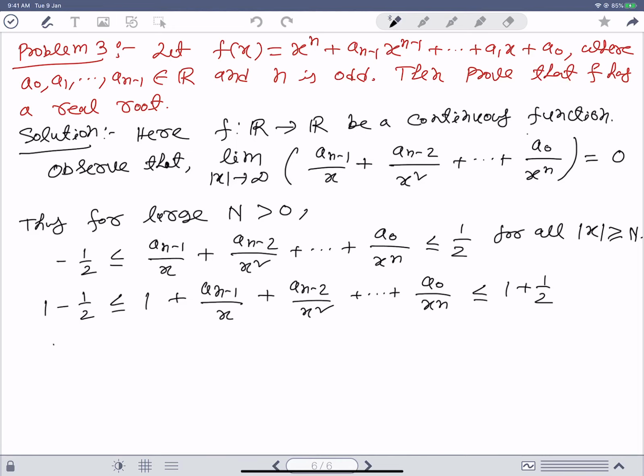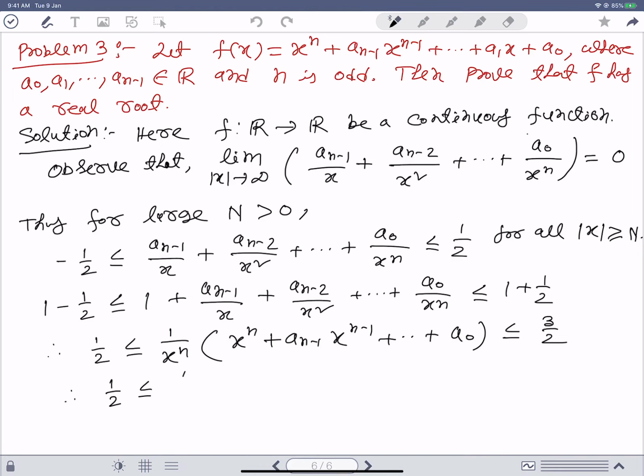Now we can write it as 1/2 less than or equal to (1/x^n)(x^n + a_{n-1} x^{n-1} + ... + a_0) less than or equal to 3/2, or we can write 1/2 less than or equal to (1/x^n) f(x) less than or equal to 3/2, right?